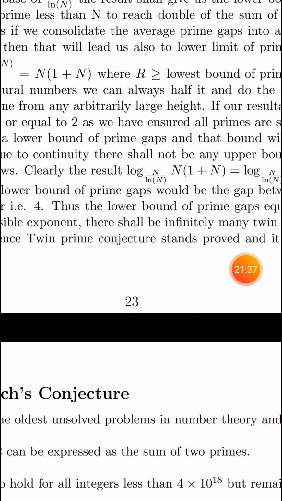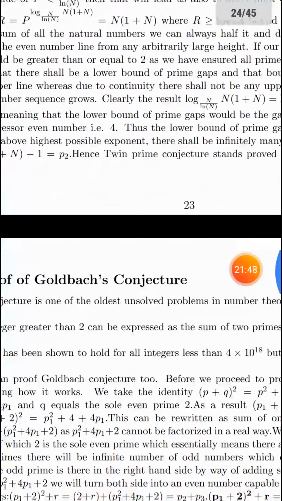Then if we take the log with respect to this n upon 2n, it is obvious that the log will be more than 2, or in some case it may be 2, but at any point of time, for any number it will not go below 2. That's the reason actually twin primes are guaranteed after infinity. After infinity, the twin primes will be appearing again and again.